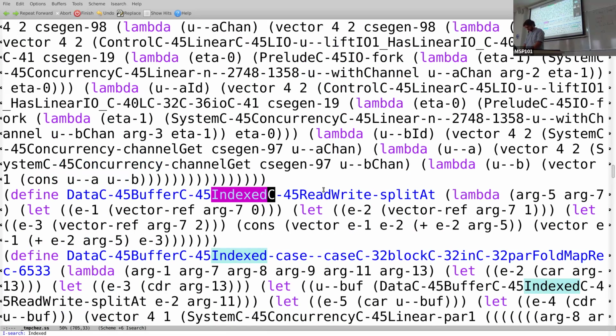Split that. Okay, let me move this here. So split takes a bunch of arguments and then I think if you recollect that.